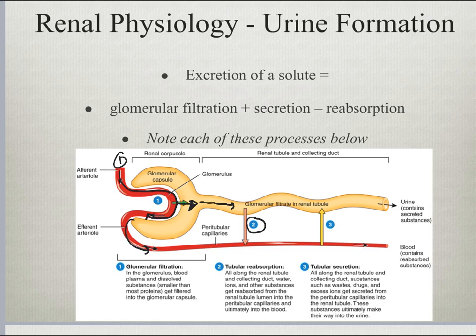Now that's important. We have to take that water. This first portion at our proximal convoluted tubule, we're going to be taking a large percentage back of that water that was filtered out from step 1. So a lot of plasma, a lot of water was filtered out, and then we're going to reabsorb it back.